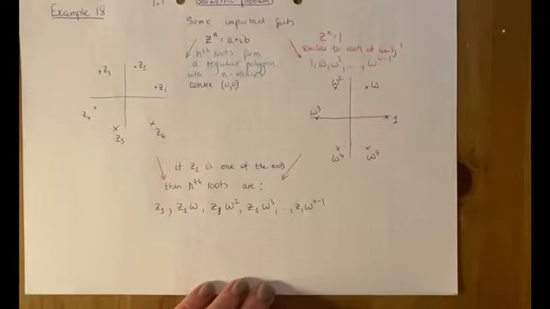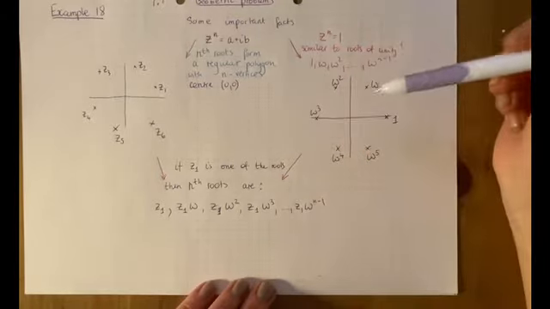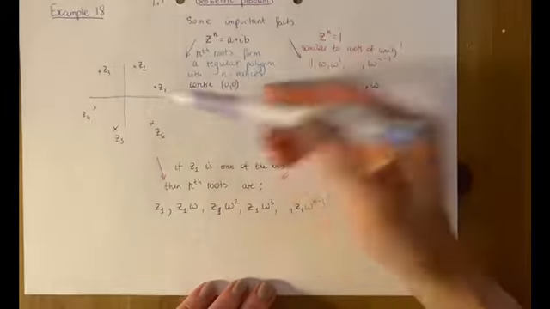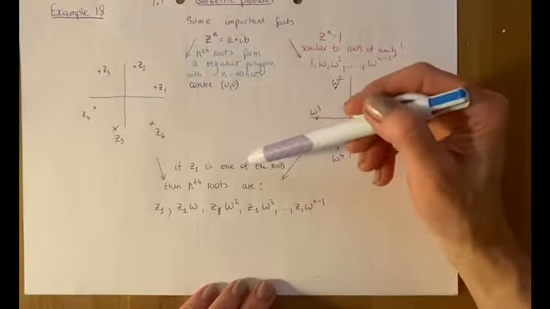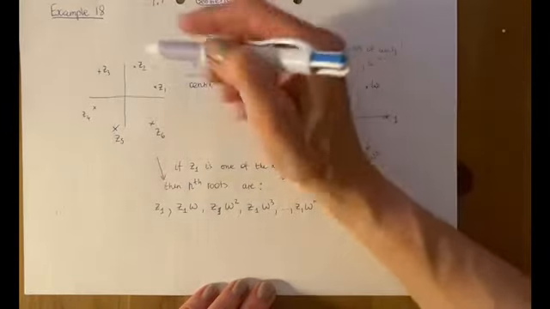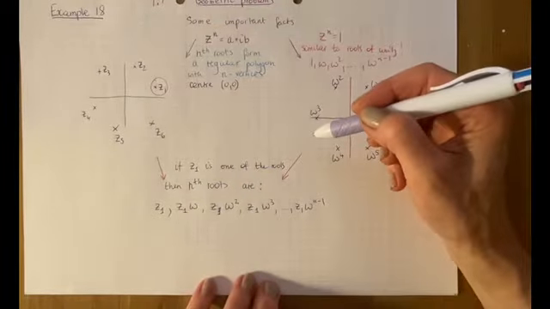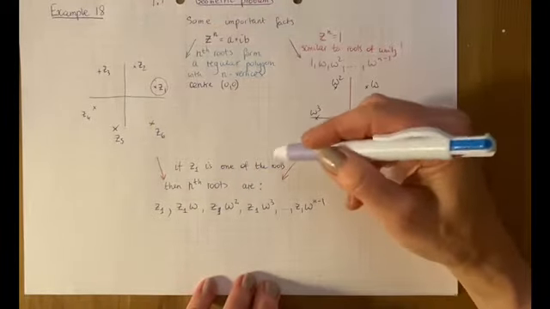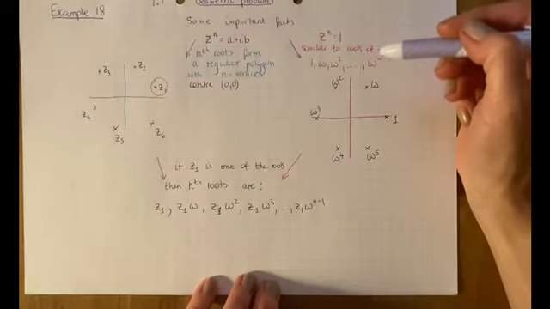Now there is a very close connection between the two. As you can see visually, you get the same shapes. This one's slightly rotated. Now if z1 is one of the roots, so let's say over here we've drawn the first one, then for the other roots you don't need to go through all the solving as we talked about before.